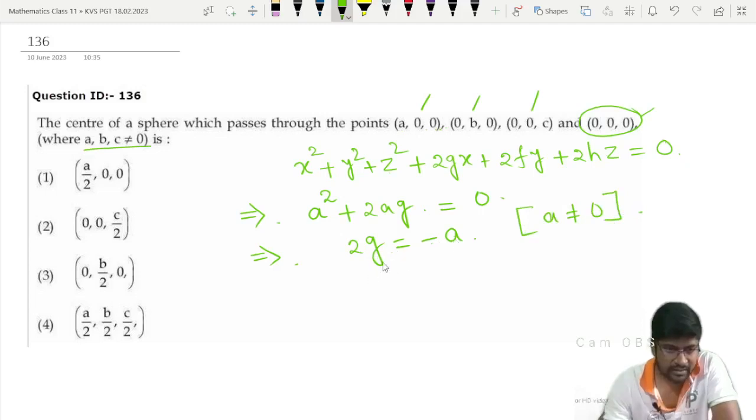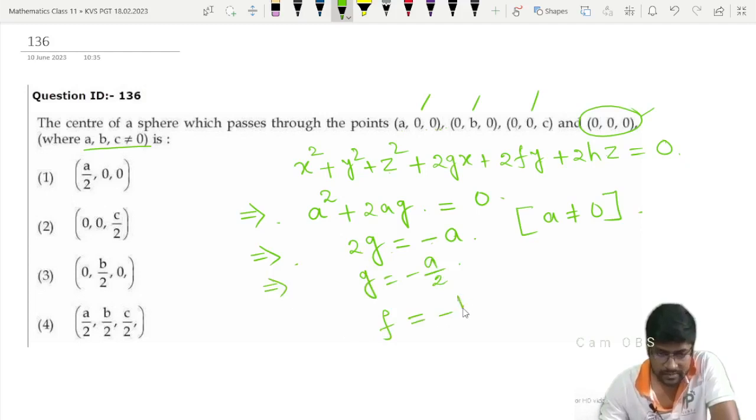Then what is g? G will be equal to minus a by 2. Similarly, f will be equal to minus b by 2, and h will be equal to minus c by 2. So g, f, h we have got.